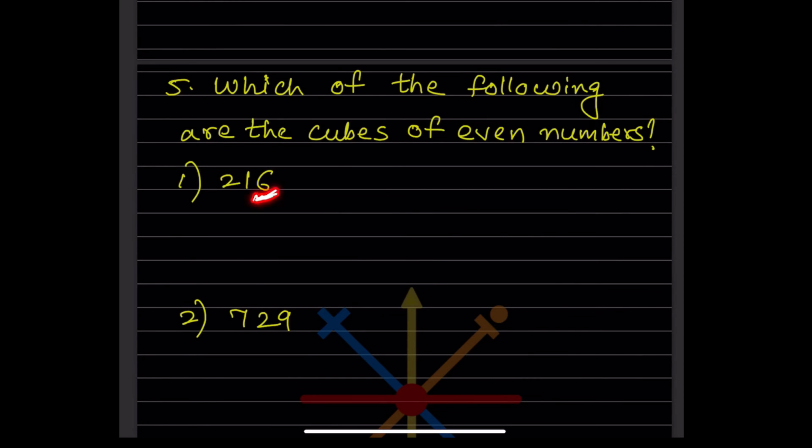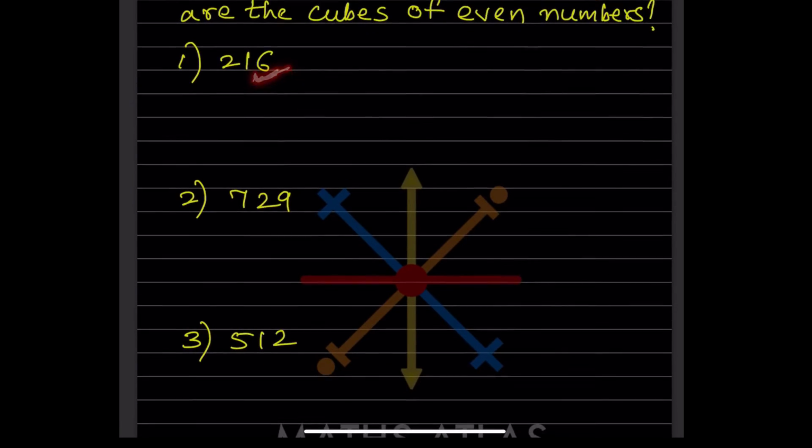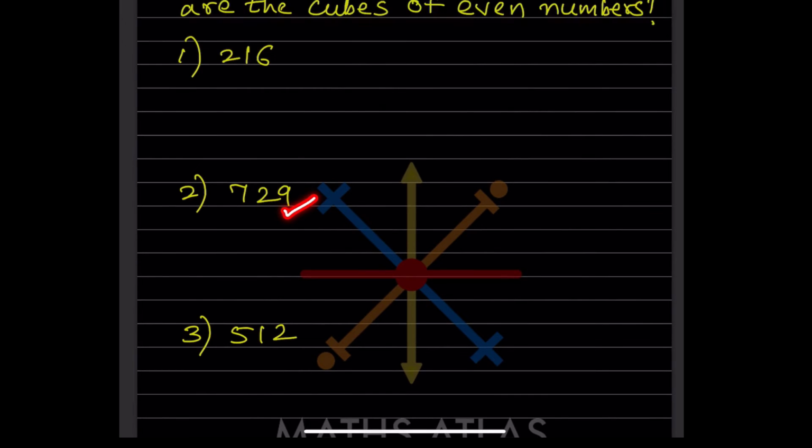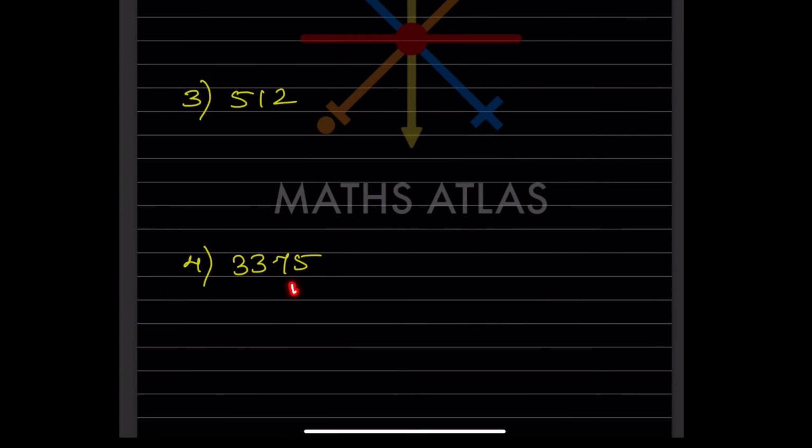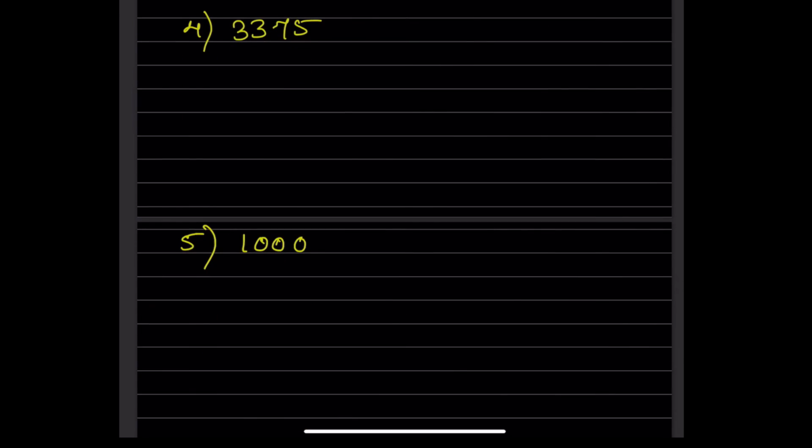Because 6 is in the units place. Here we don't have this, we have 9. So this is an odd number. This is an even number. And this is an odd number.